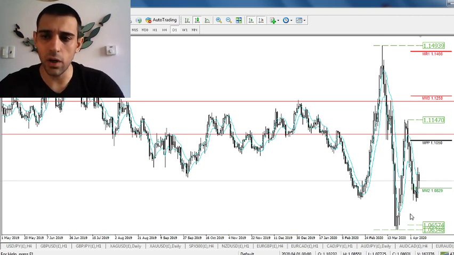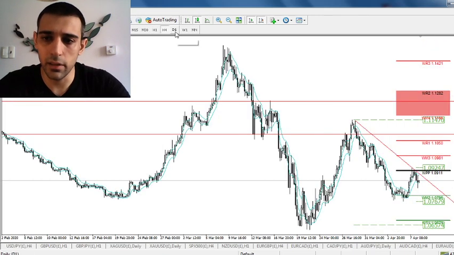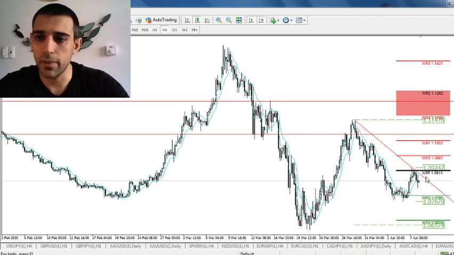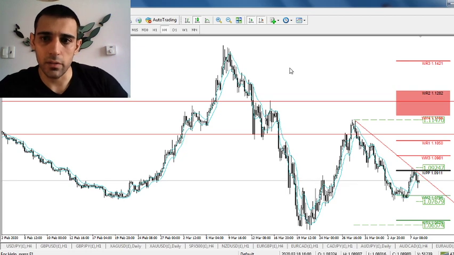That's still quite far away. So there are 2 options. If the price comes up and starts breaking this weekly pivot and certainly this 4-hourly trend line, then I will be looking to get onto the long side.